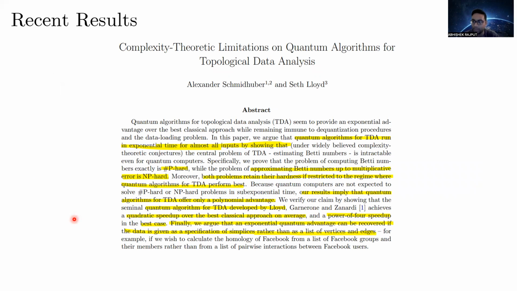there is something quantum mechanical about TDA. In fact, you can show that a lot of these Laplacians and boundary operators, you can think of them as fermionic operators, if you want to take the physics approach to thinking about these things.